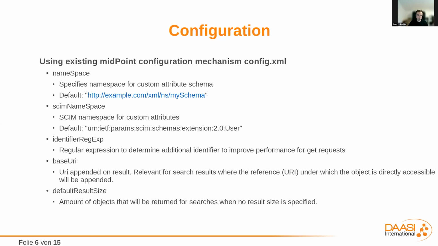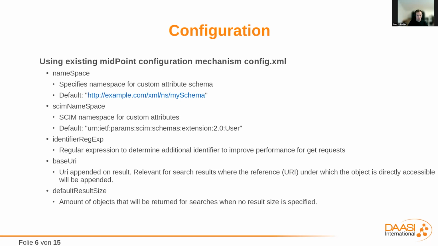This might not be that relevant if you just get one object with an identifier, but it is relevant for searches, for example. If you search for a high amount of objects and you get, for example, 20 objects, each of these 20 objects will get this location attribute. And in this location attribute, you see the URL under which you can find information about the specific object. So in order for the overlay to build the correct location attribute, you have to provide the base URL of MidPoint, how it is currently running.